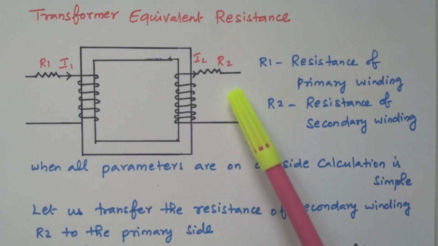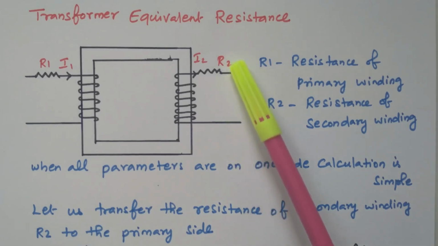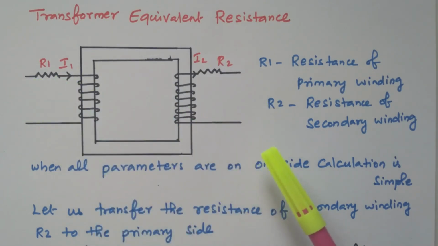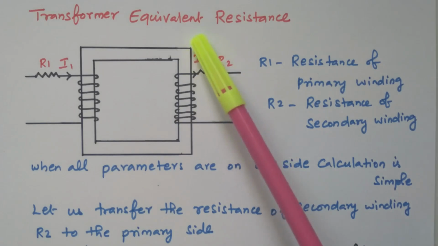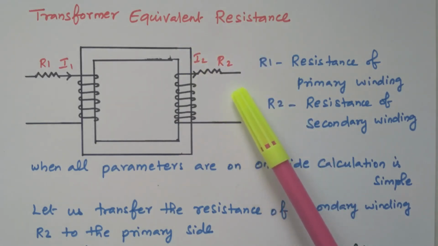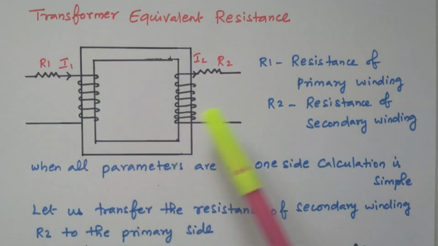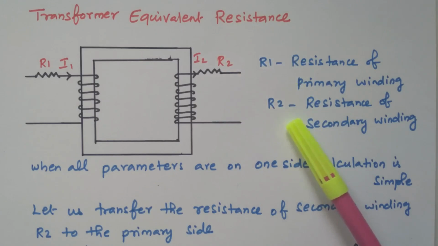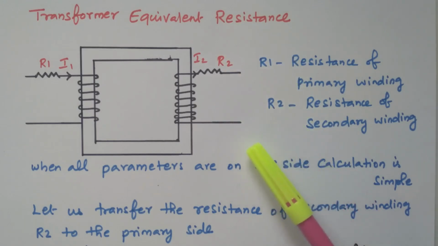Suppose we can transfer this secondary resistance R2 into primary, similarly primary resistance into secondary. At that time we need to find what is the equivalent resistance. When the resistances are transferred from secondary to primary or primary to secondary, there is an equivalent resistance equation available. That equation we will see in this topic.